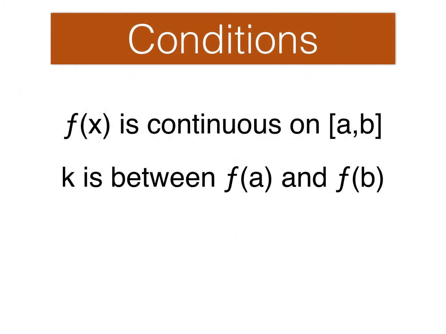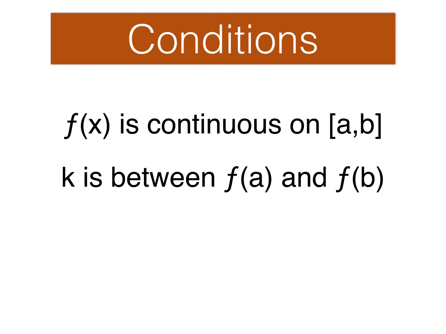So remember, we break all theorems down into the conditions that must be satisfied and then conclusions. The conditions for our intermediate value theorem are that f of x is continuous on the closed interval [a, b], and k is somewhere between f of a and f of b. So we must have a continuous function on the closed interval [a, b], and then we choose a value k somewhere between f of a and f of b.